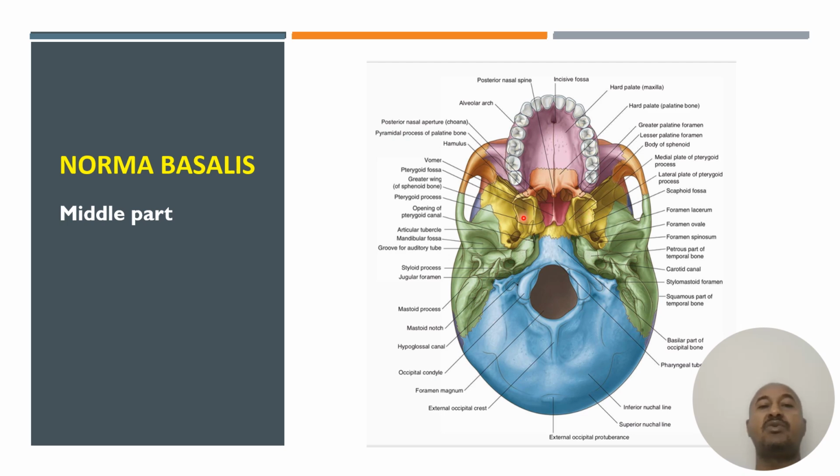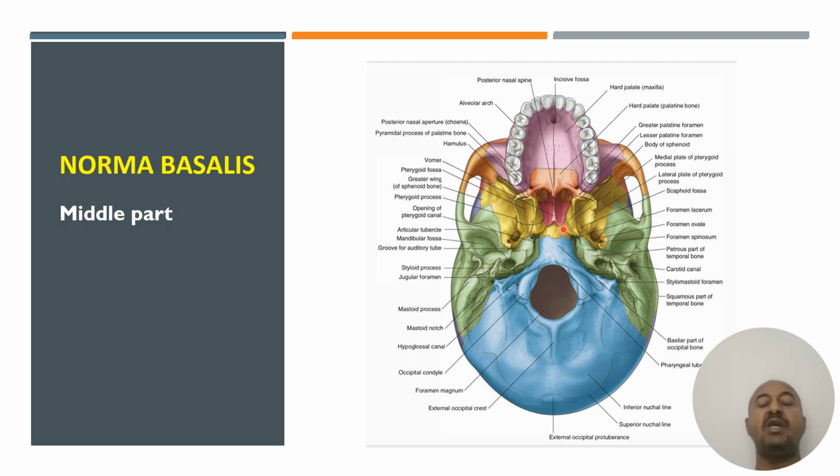And we also have the styloid process, which is here, and the temporal bone, the petrous part of the temporal bone, okay, and the styloid process of the temporal bone. So in general, the middle part of the base of the skull is made of the sphenoid bone, pterygoid part of the sphenoid bone, wings of the sphenoid bone, and the temporal bone.